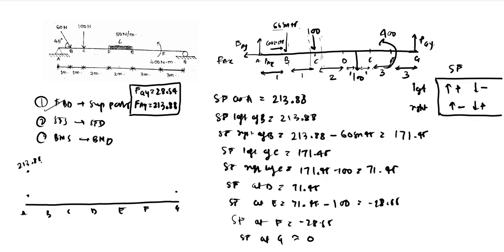Left of B, 230.88 only. And right of B, 171.45. Left of C, we have 171.45 only. And right of C, we have 71.45.